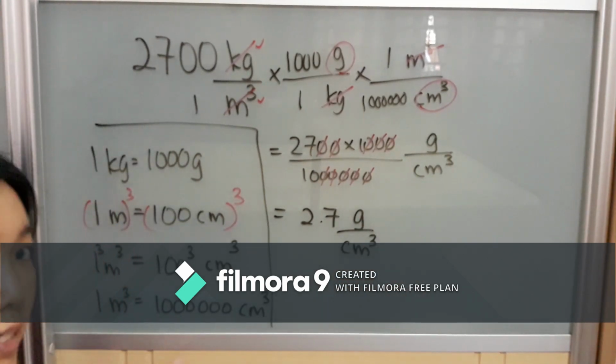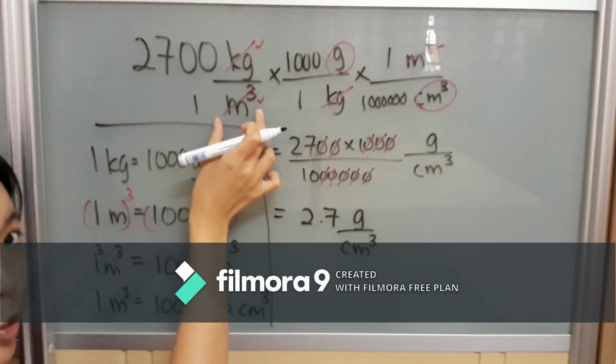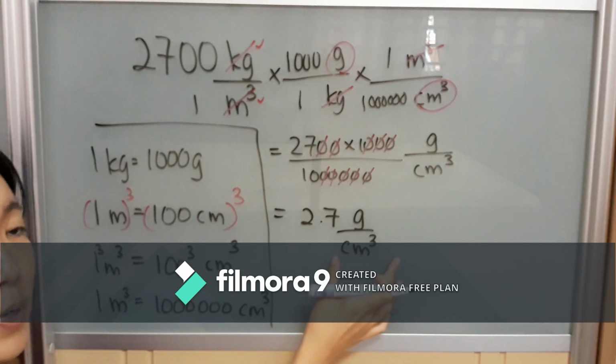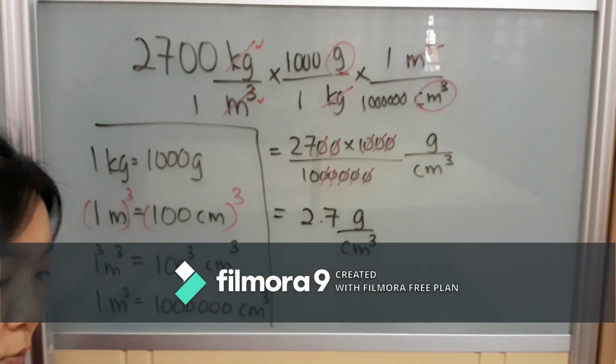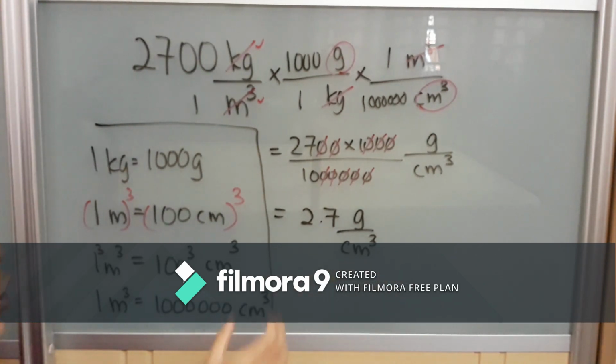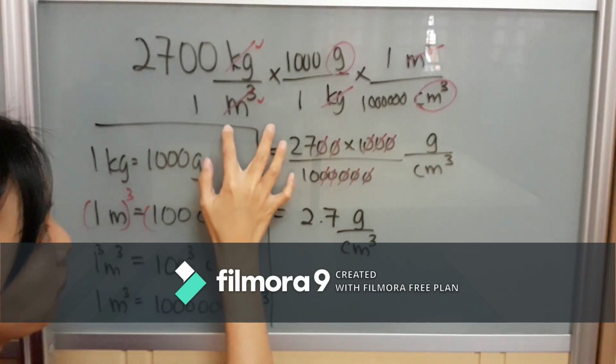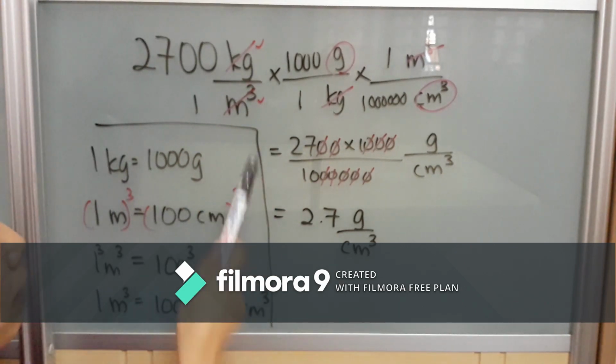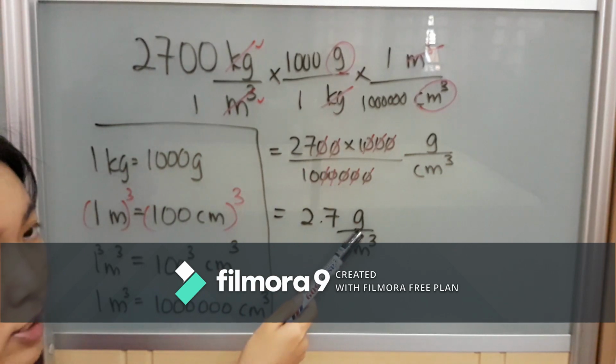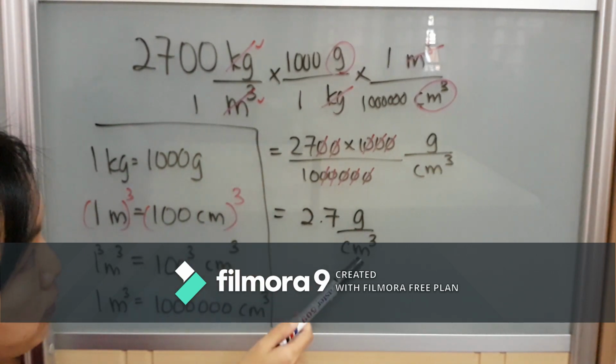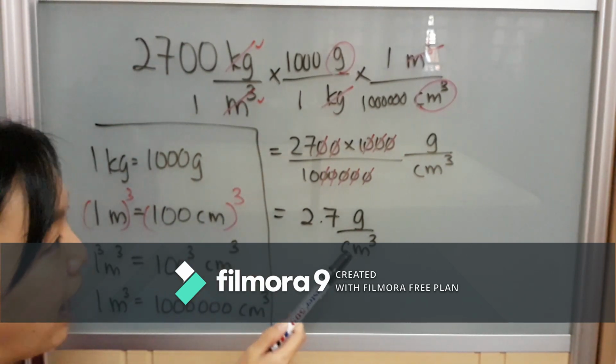So this is a very standard way for you to convert this unit, kg per m cube to gram per cm cube. I repeat one more time. The first thing, we look at the question. You have to check, oh, I'm going to change this unit because they are not the same. I'm going to change this unit because they are not the same too. How?